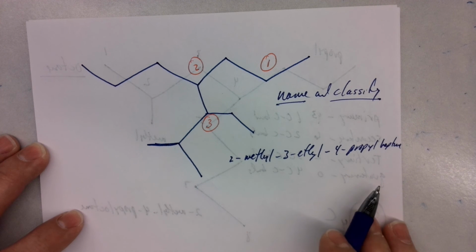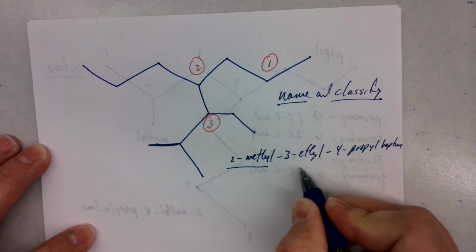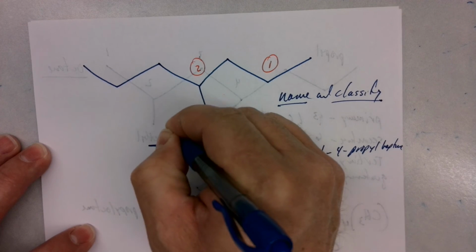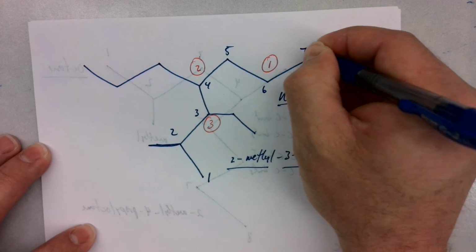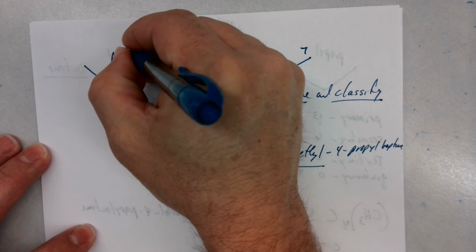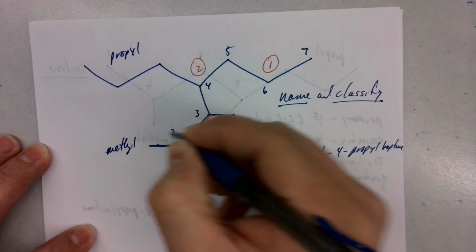Not numerical. So all we would need to do is take this and swap them, because she went 1, 2, 3, 4, 5, 6, 7. Right? This is a propyl. This is a methyl. This is an ethyl.